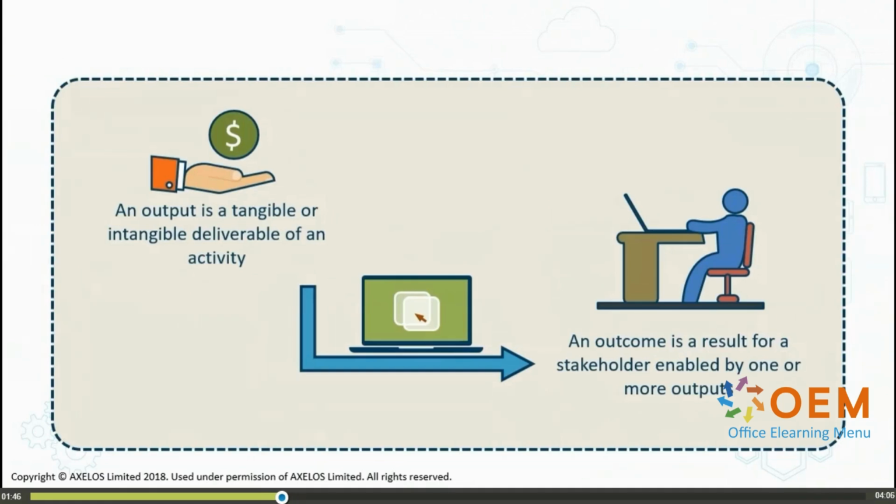For example, one output of a wedding photography service may be an album in which certain photos are artfully arranged. The outcome of the service, however, is the preservation of memories and the ability of the couple and their family and friends to easily recall those memories by looking at the album.